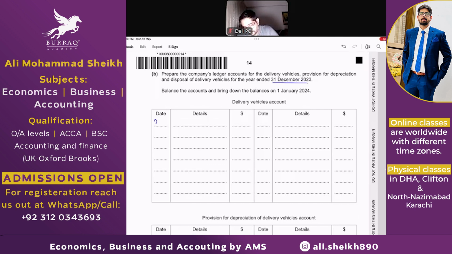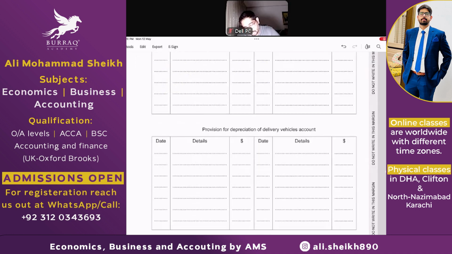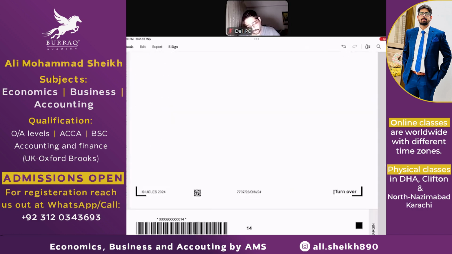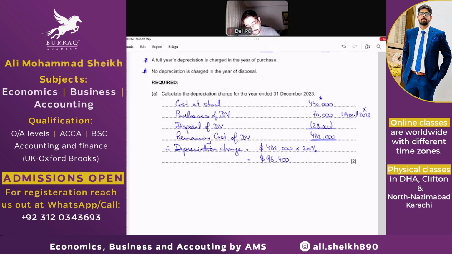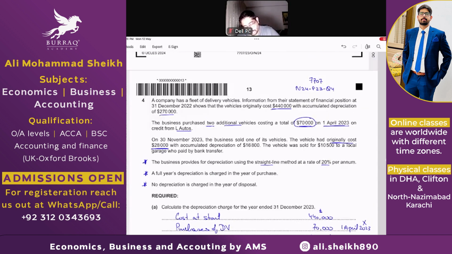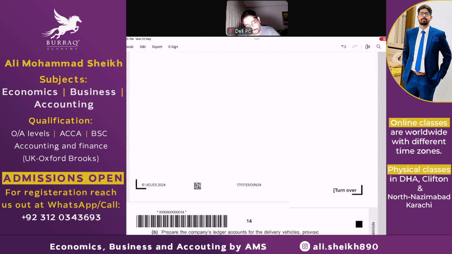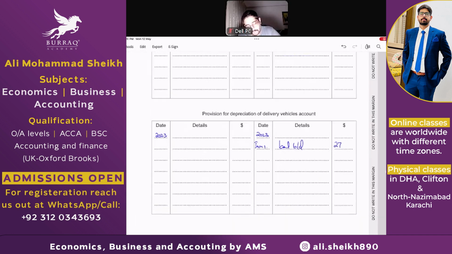So starting from 2023 January 1st, balance brought down of delivery vehicle was $440,000. At the start of the year, the balance BD of provision for depreciation account was also given, that is $270,000.